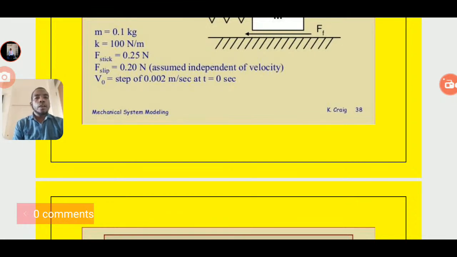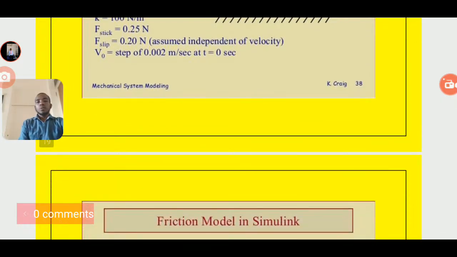Here in F slip we are assuming it is independent of velocity. V naught is a step of 0.02 meter per second at t equal to 0 seconds.